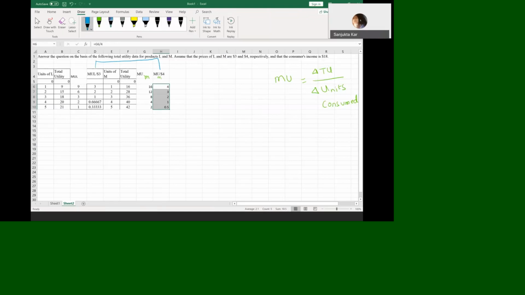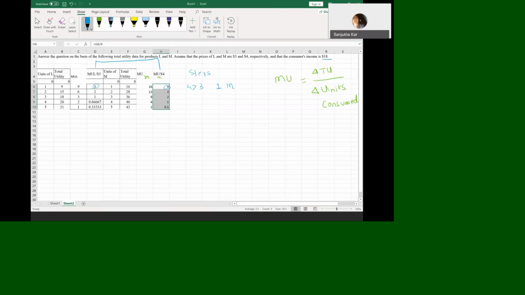So take a look at good 1 here for both L and M. Because 4 is greater than 3, I'm going to write down the steps here. So because 4 is greater than 3, consumer will purchase 1 unit of good M.